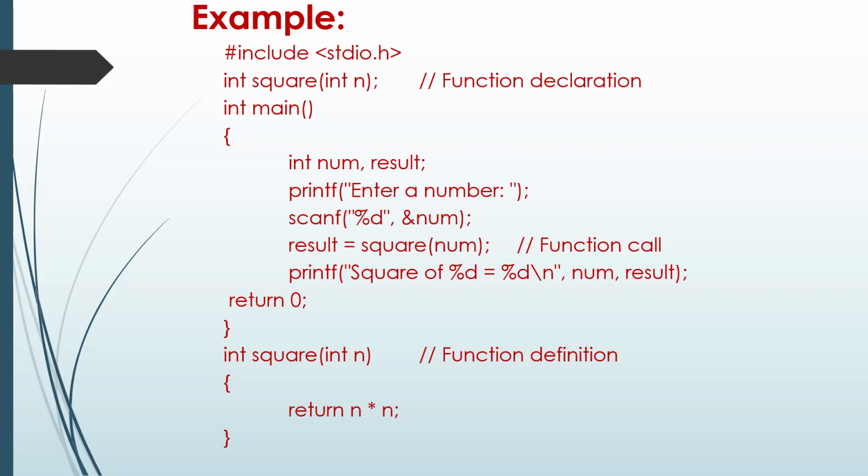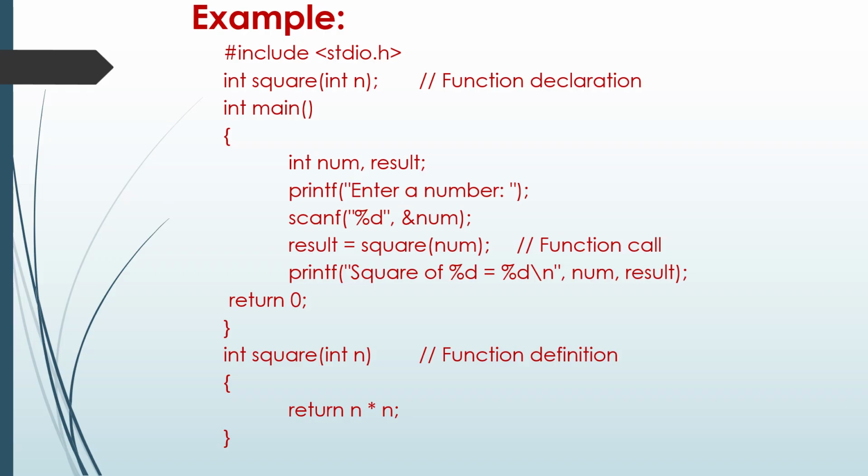In main we have two variables, num comma result. With the help of printf, we take the value for num from the user. Then we call our square function with the help of the second variable, result.